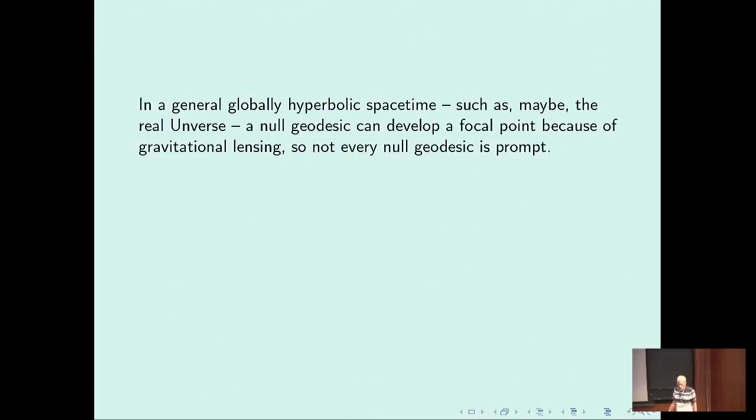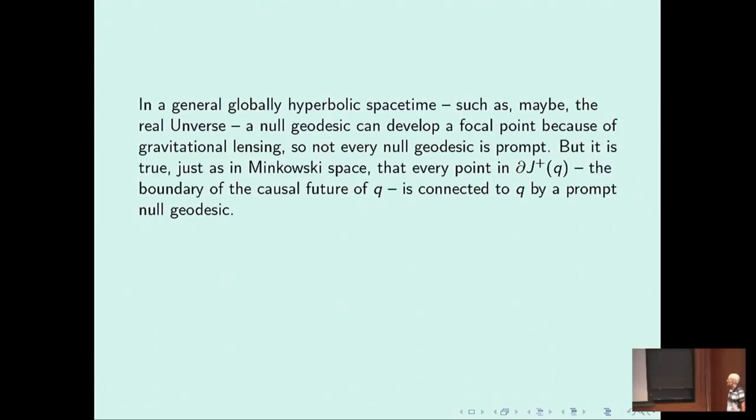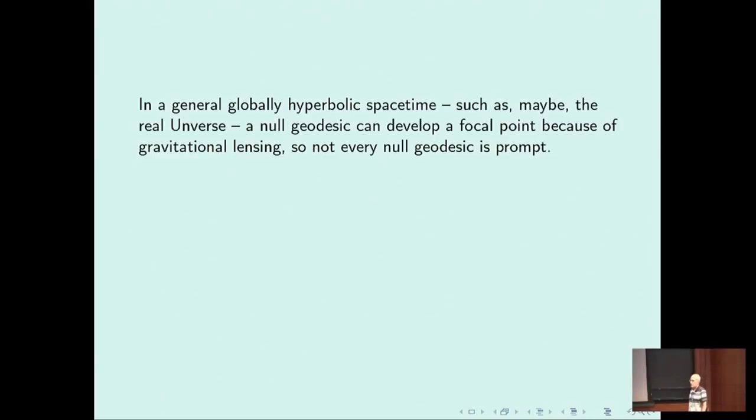Now, in a general globally hyperbolic space-time, such as maybe the whole universe, the real universe, a null geodesic can develop a focal point because of gravitational lensing, so not every null geodesic is prompt. If you want to find an example, first look in your telescope and see a gravitational lens.